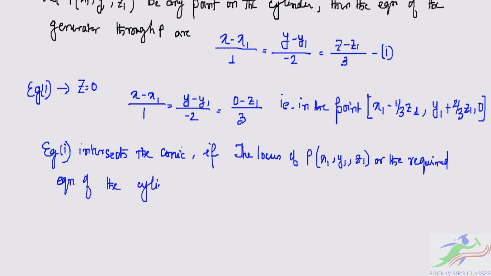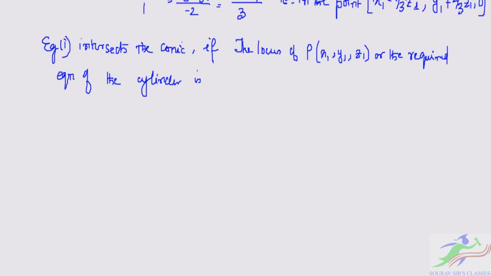So we can simply write it as x minus 1/3 z whole square plus twice of, because 2y square, y plus 2/3 z whole square equal to 1.